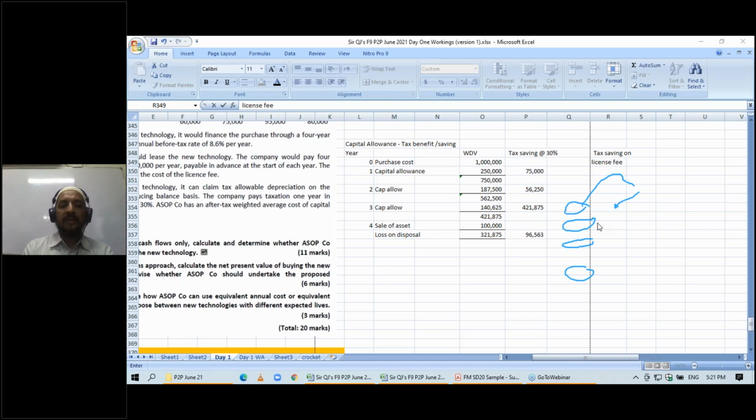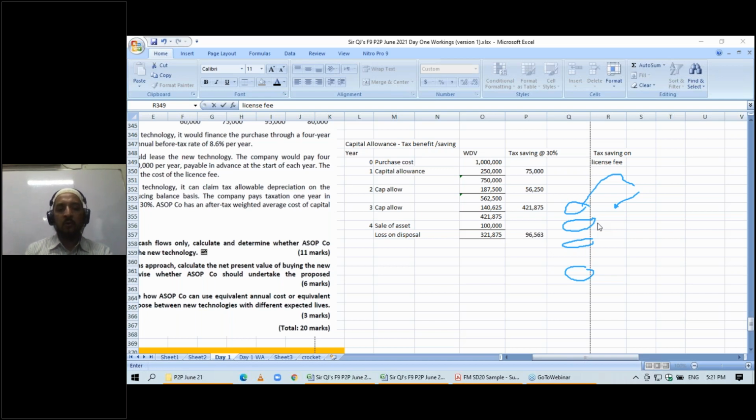If you have leased it, the question is clear. You don't have to pay the license fee. The loss is not 100,000. The sale proceeds is 100,000. So if I deduct the sale proceeds 100,000 from the book value, I will get a loss of 321,000, right? The sale amount is given in the first paragraph.